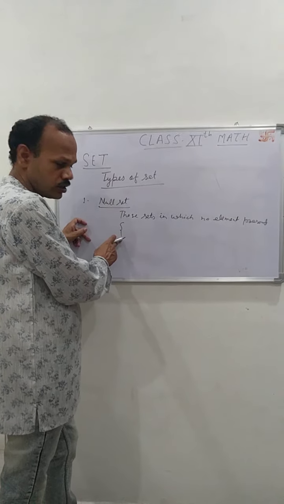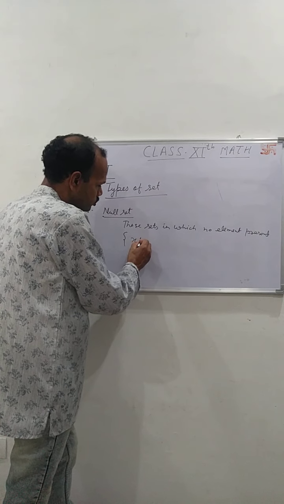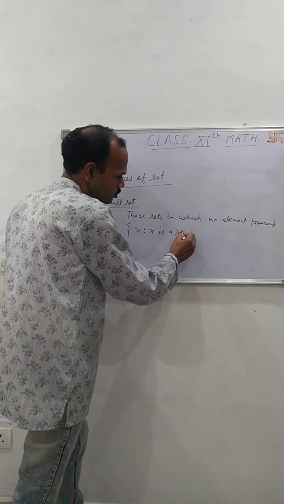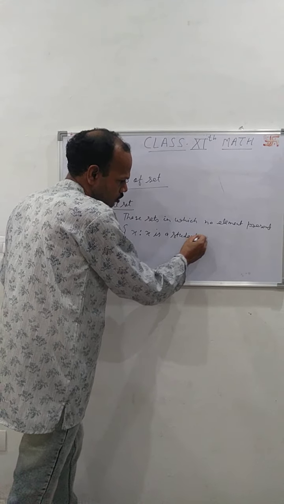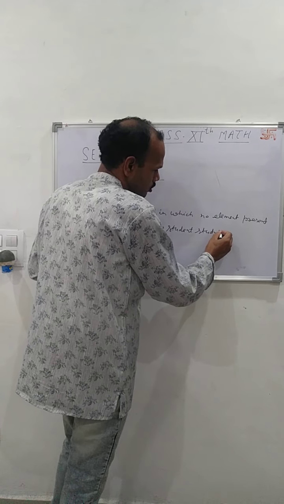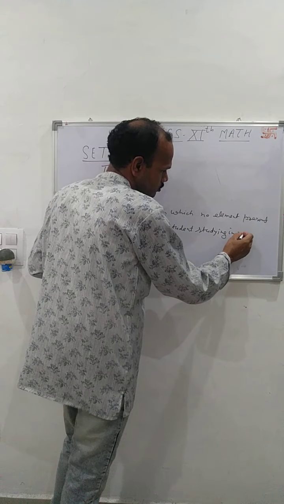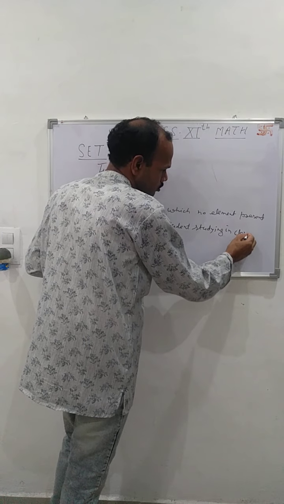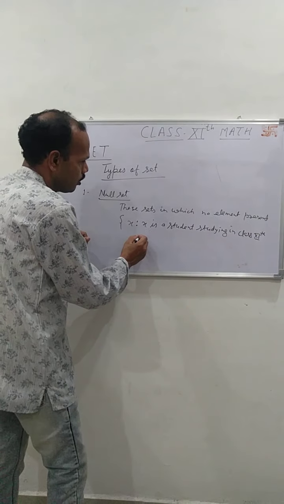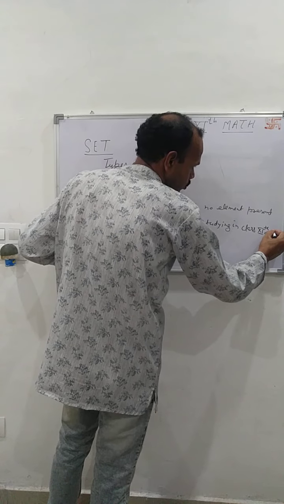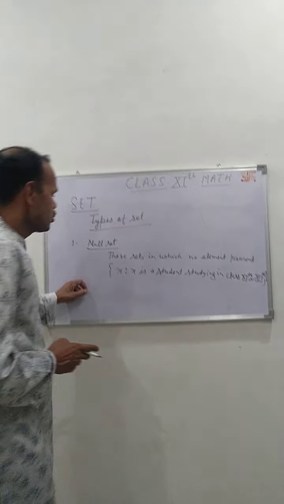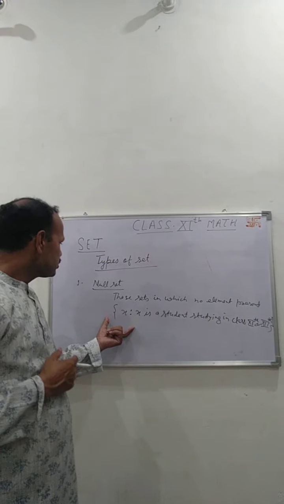So we are taking here the set builder x such that x is a student studying in class 11th and 12th. So this is the best example of a null set.